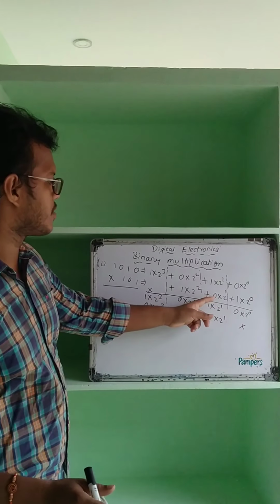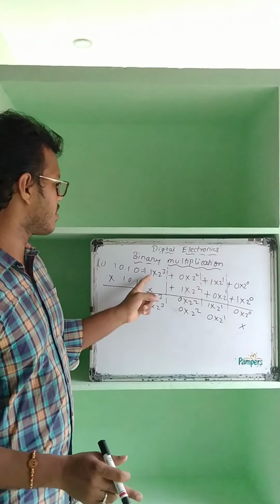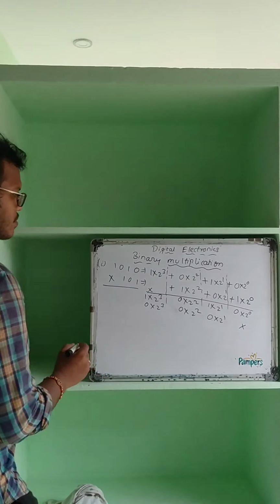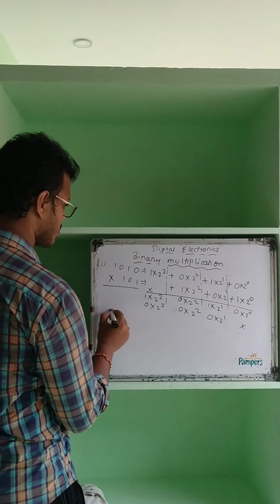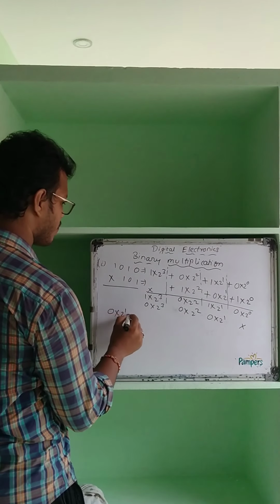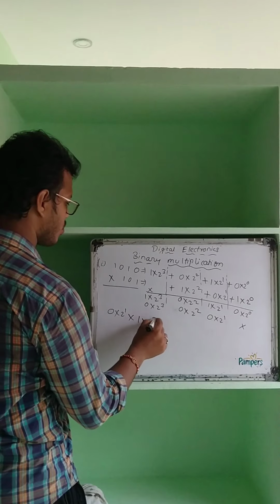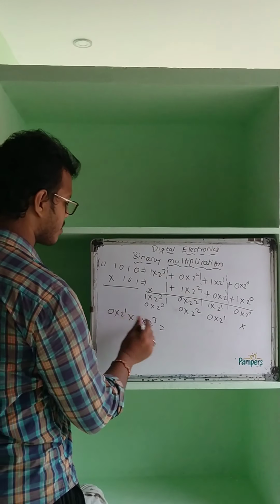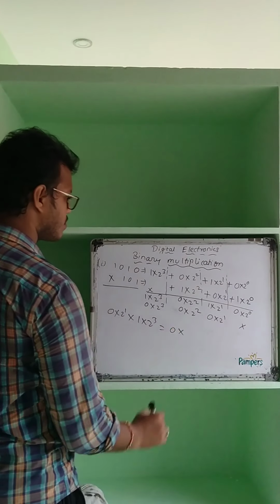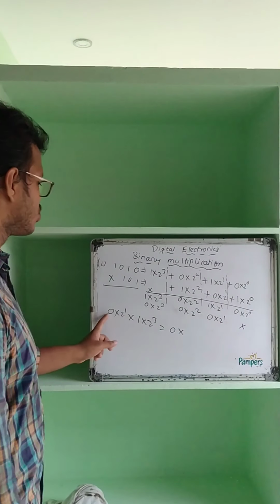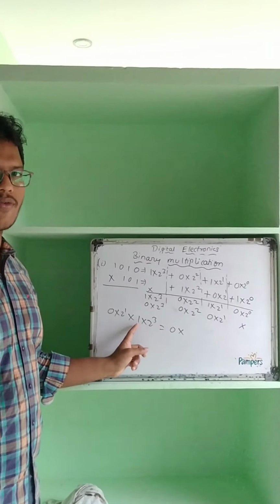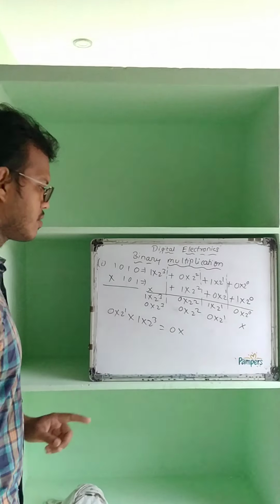So next one is 0 into 2 power of 1 multiplied by 1 into 2 cube, which is going to be 0 into, so 0 multiplied by 1, the product is 0.